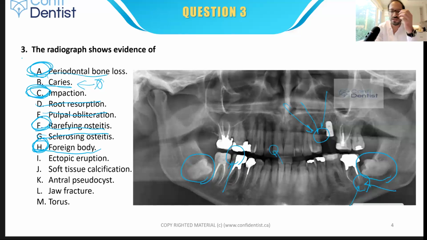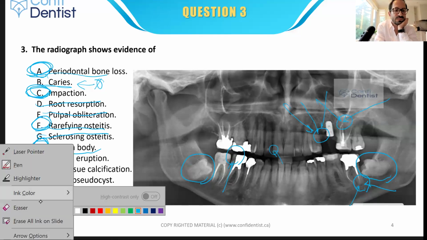So they're not foreign body. Calculus is not a foreign body. Exactly. Yes, that's the right answer by Amanda. So this is the foreign body.